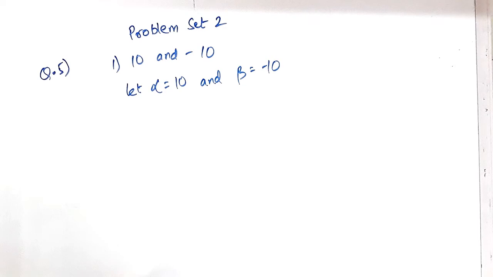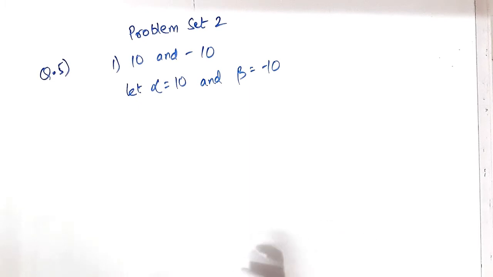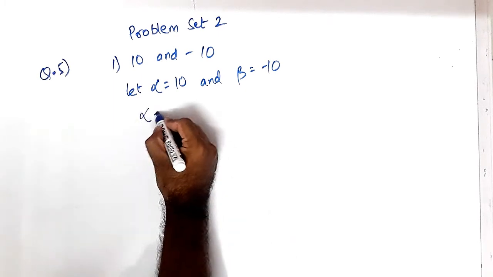Okay, just as in Marathi we have k, kh, g. So here we take alpha and beta, because we cannot take English letters here, because we already use x, y, a, b, c, all that. Okay, so we are using something different. Alpha is 10 and beta is minus 10. So first we'll find the sum of the roots.